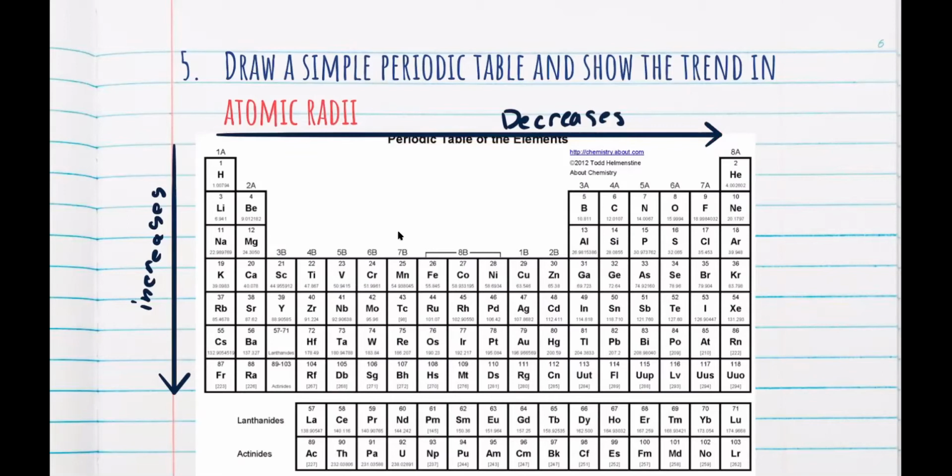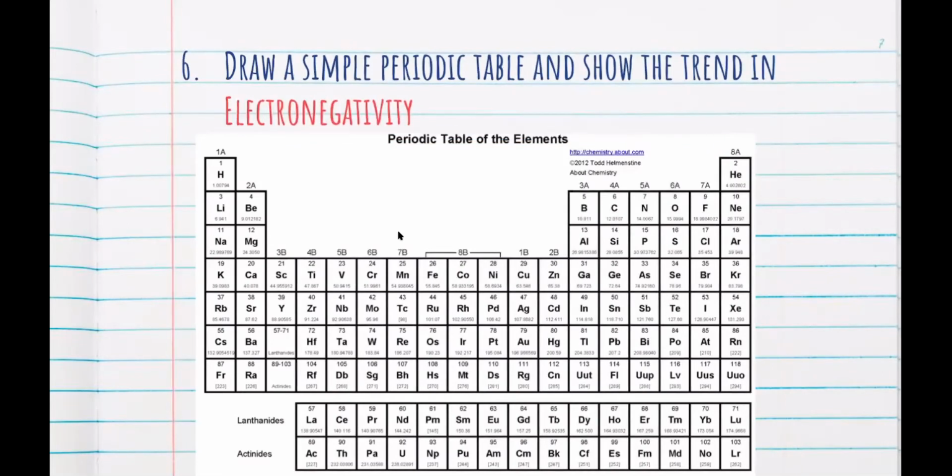Let's draw our next trend. So let's draw electronegativity. Now for this one, as we move down a group, our electronegativity decreases.